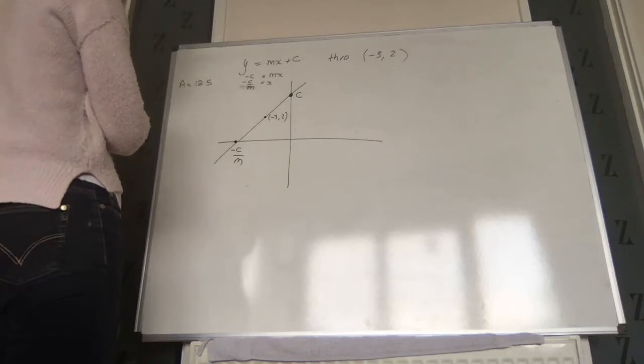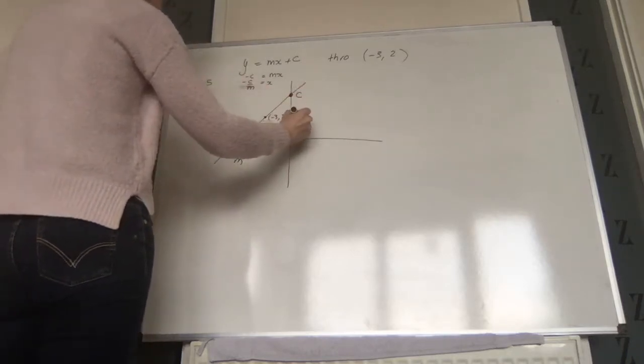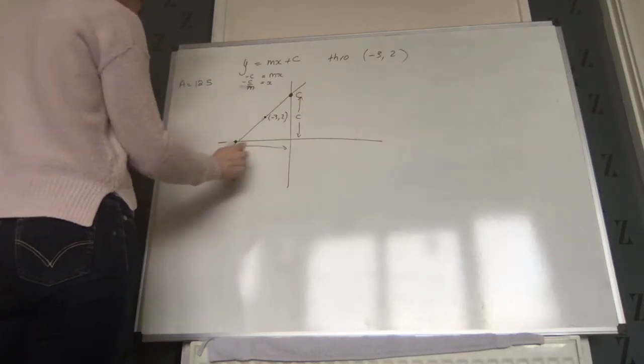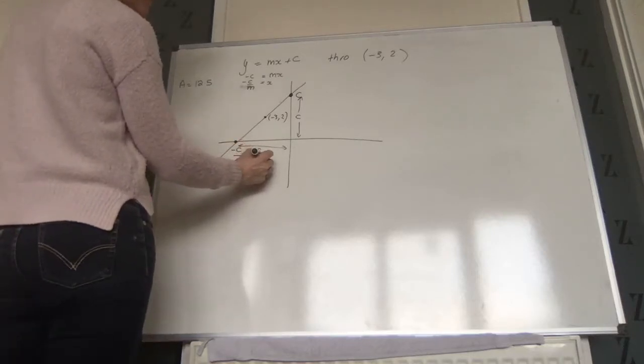What does that mean? That means that this length, from here to here, is c. And because these are two positive values, that length is c over m.